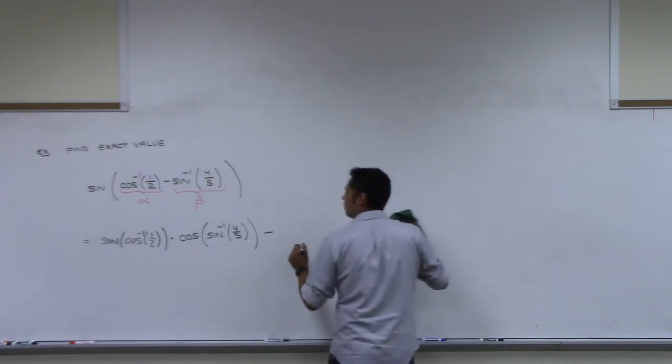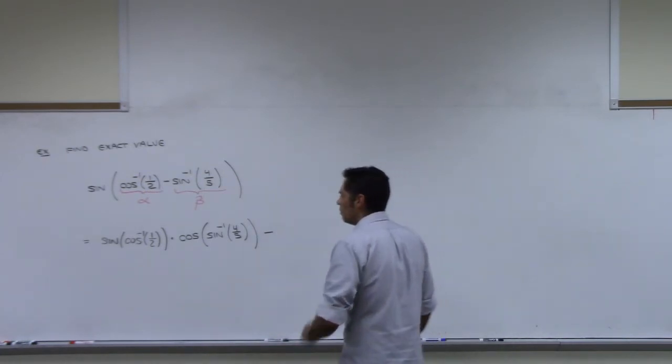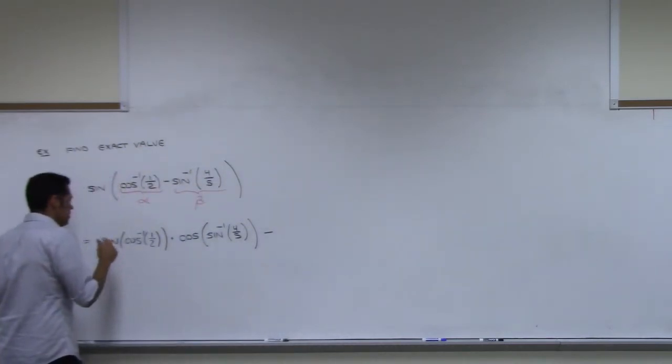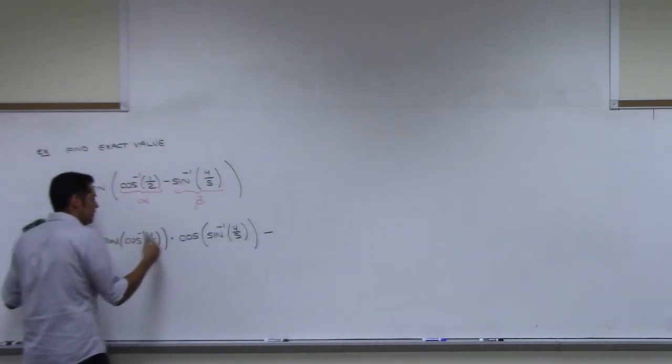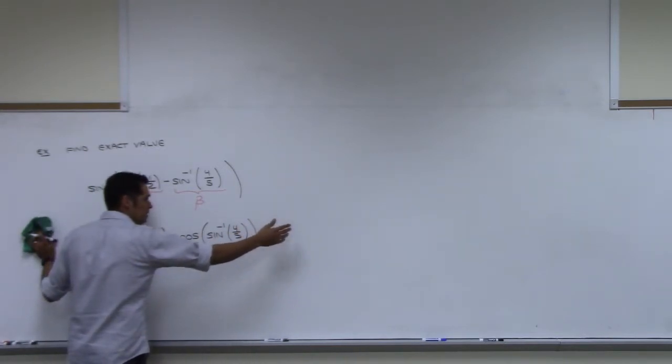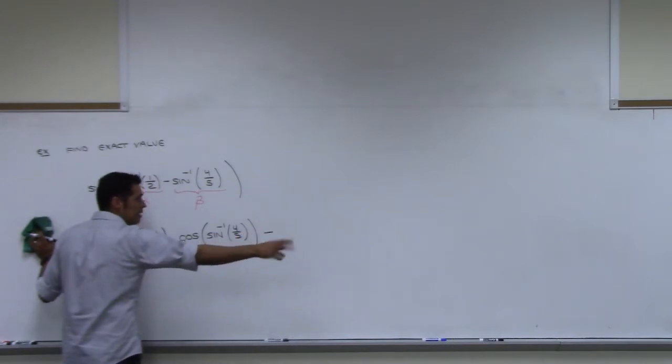What's sine beta? I thought it was cosine alpha. The way I presented it to you is sine alpha cosine beta minus sine beta cosine alpha. It's the same thing. The book does it backwards.